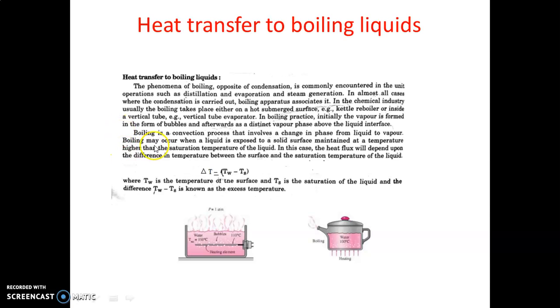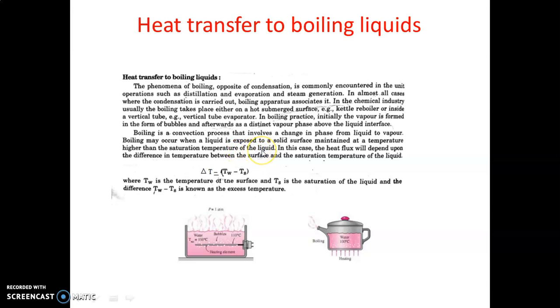Boiling occurs when the liquid is exposed to a solid surface maintained at a temperature higher than the saturation temperature of the liquid. That means if we are heating the liquid, we have to maintain the surface temperature higher than the saturation temperature. What is meant by the saturation temperature? It is nothing but the boiling point of that liquid.